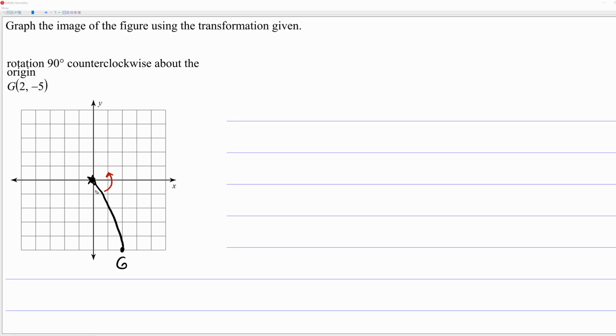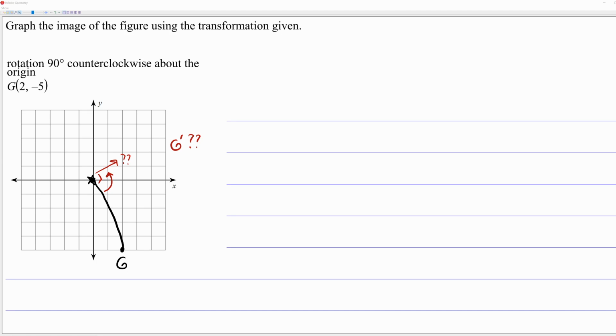So if I have this black line and I rotate this way and I make a right angle, well, I'm going to go somewhere in this general direction to make a right angle. So when I rotate point G, I know that G prime is going to be out here somewhere.